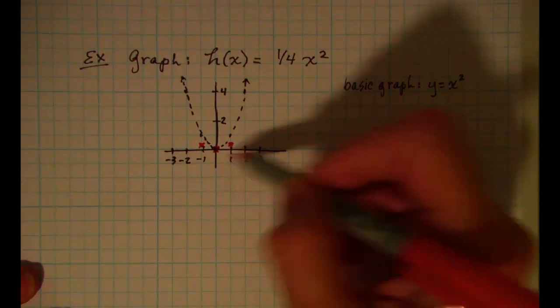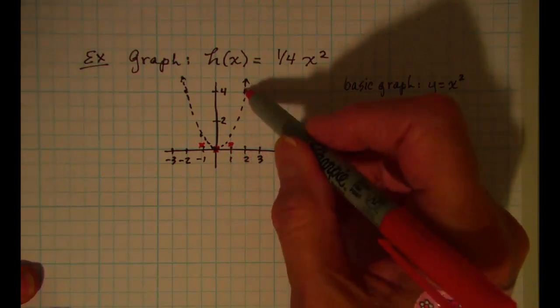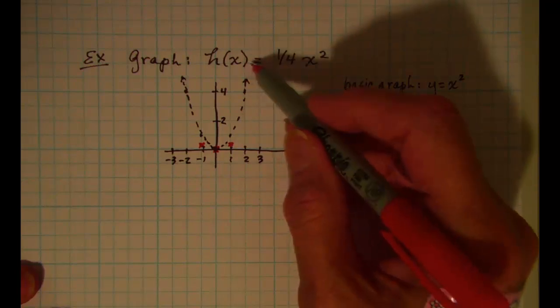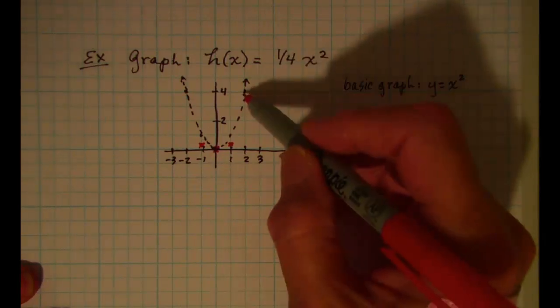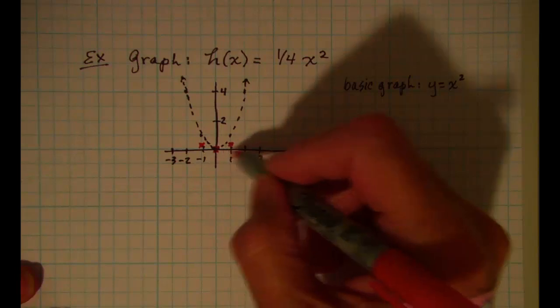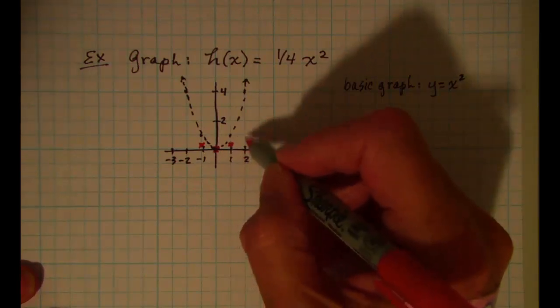On my basic function, when I went right 2, I was up at 4. But for my h of x graph, I need to take that y value and multiply it by 1/4. 1/4 times 4 is 1. So for h of x, I'm going to go right 2 and up 1.